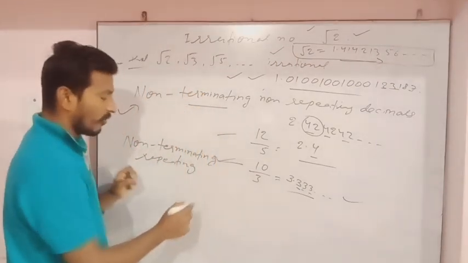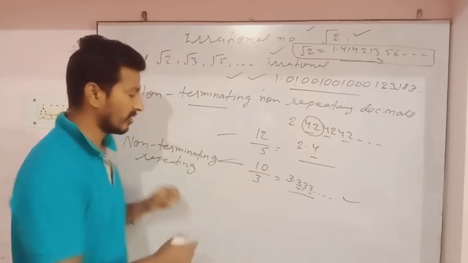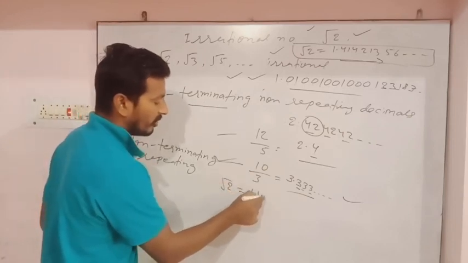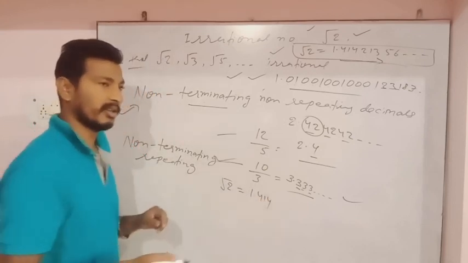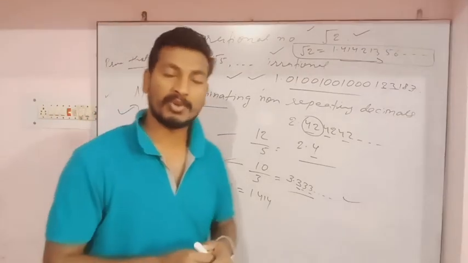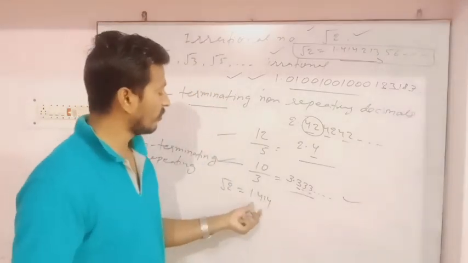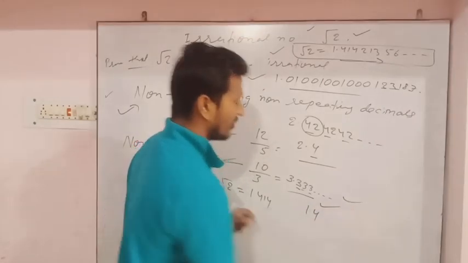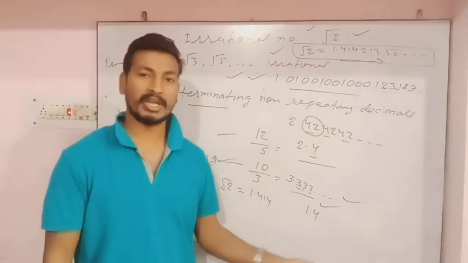But generally, while solving problems in mathematics, whenever we get root 2, then we only take 1.41. If a condition is given to put the value of root 2 up to 3 decimals, then we take 1.414. Otherwise, we sometimes manage by taking just 1.4.